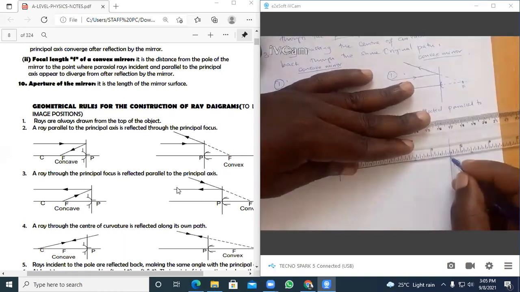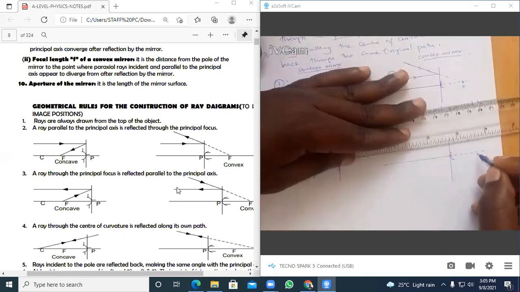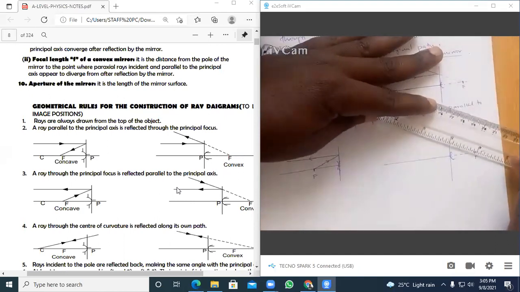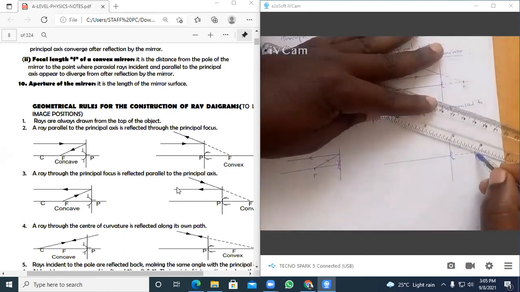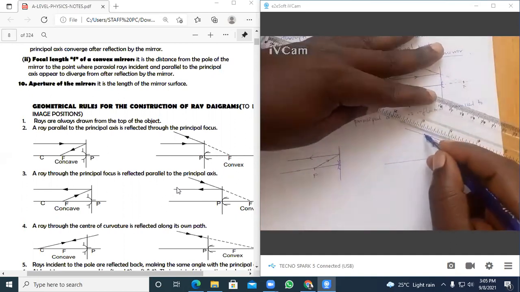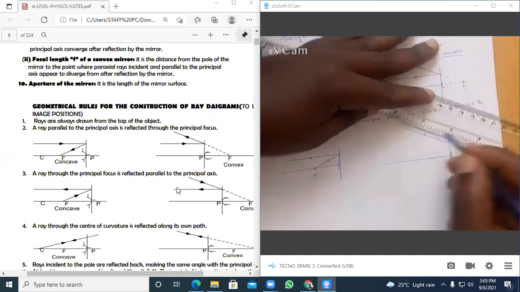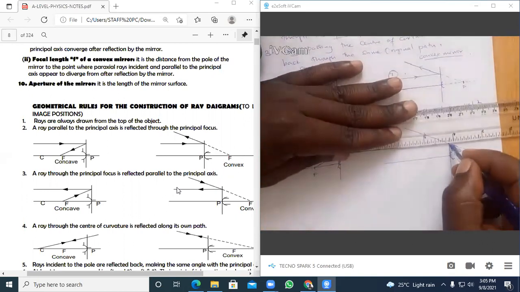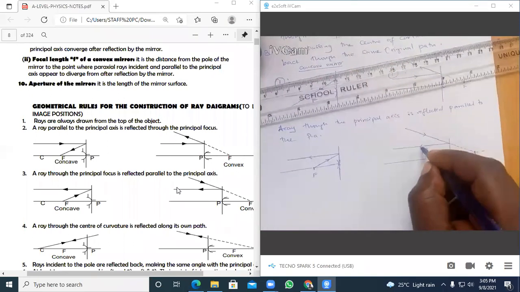Then put dotted lines to show where the principal focus is. Then if you have the ray that appears to come from this side, so we have this ray appearing to come from there, and this ray after reflection is reflected as a parallel to the principal axis.